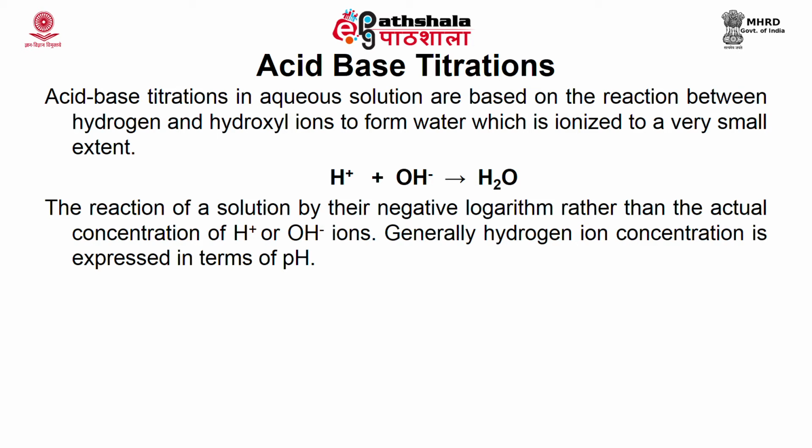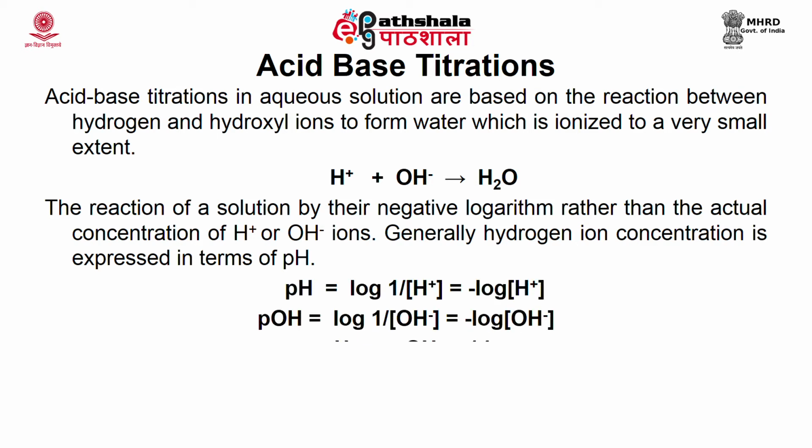Generally, hydrogen ion concentration is expressed in terms of pH. pH is equal to log 1 divided by H+ concentration, which is equal to minus log [H+]. pOH is equal to log 1 divided by OH- concentration, which is equal to minus log [OH-]. pH plus pOH is equal to 14 in neutral solution.